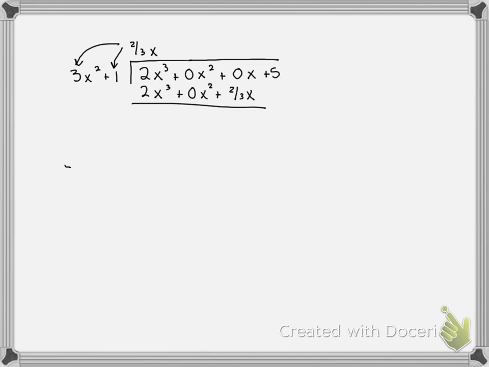Okay. Put your line, change your signs, and we end up with negative 2/3 x plus 5. Now, 3x squared does not go into negative 2/3 x. So the equation for the slant or oblique asymptote is y equals 2/3 x.